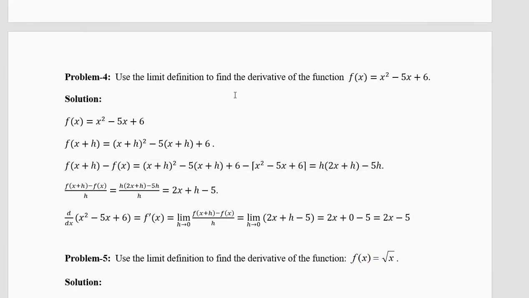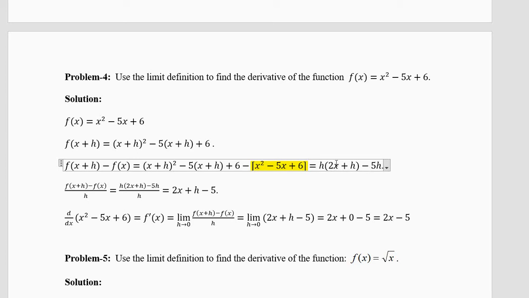Now use the limit definition to find the derivative of f of x equal to x square minus 5x plus 6. Copy the function, shift it by x plus h, you will get x plus h whole square minus 5 into x plus h plus 6. Minus the function, look, I put it in bracket, subtract it, you will get h into 2x plus h minus 5h.